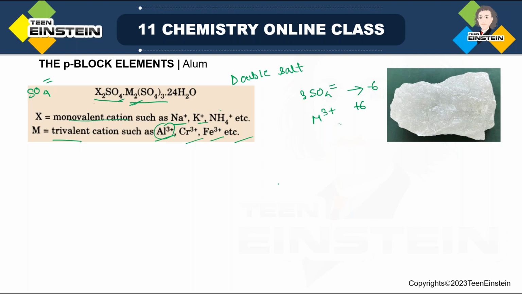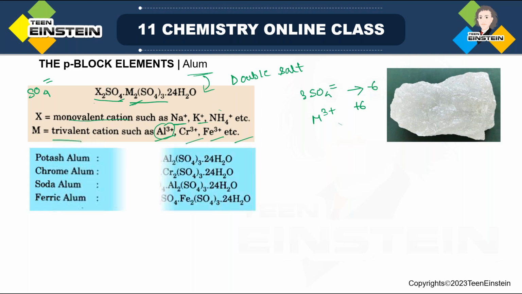But nowadays the use of this term is so common, that alum is also used by default for this Al3+ containing double salt. So though this is a general term, when we say alum, we should consider this formula.